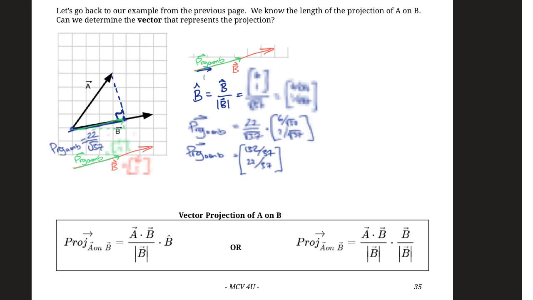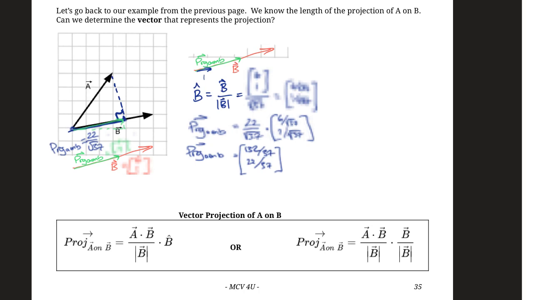If you know the magnitude of B squared and you know A dot B, those are the constants that you're just going to multiply by vector B. Now notice, B is the thing that's being projected onto. And if you want to memorize this formula, it's a good formula to know. After you've done a bunch of practice questions, it should be pretty easy to have it memorized.